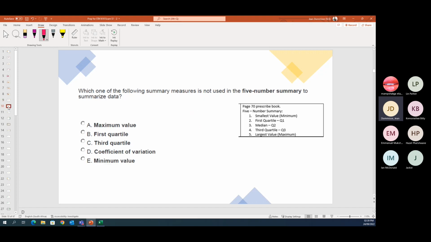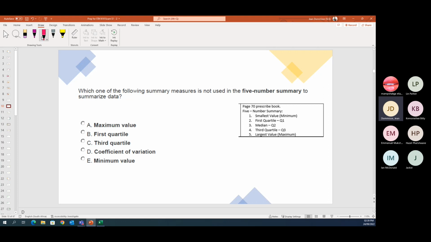Okay. So the next one, and here they talk about the box and whisker questions now, but basically what we talk about is the 5-number summary.